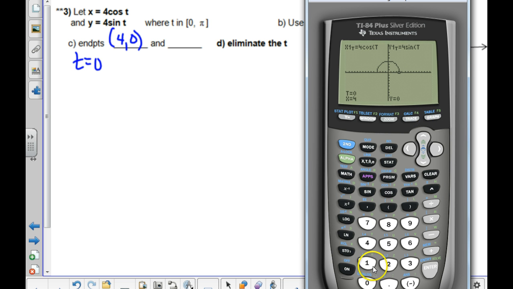Now when you do trace 0, enter, do you get 4, 0? Okay, excellent. And the other one, when we trace out to pi, so I'm going to go trace and then pi exactly. And I get what? -4, 0 is the other endpoint. Okay?